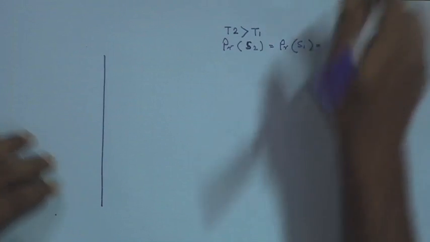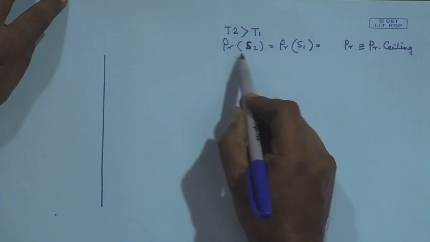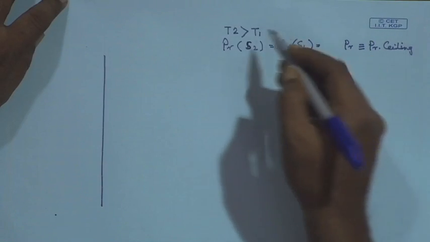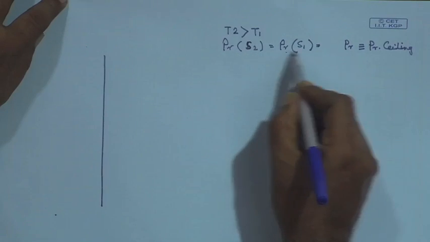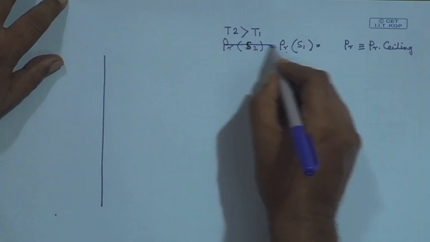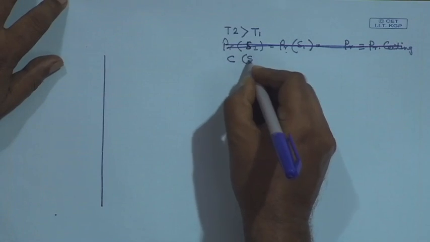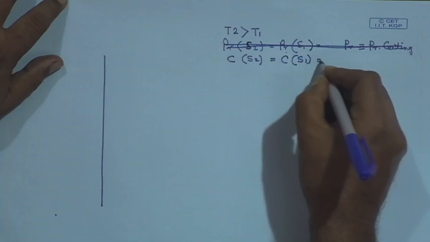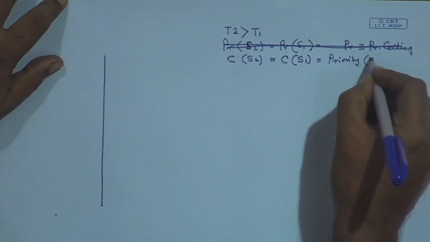Now, T2 is having higher priority than T1, but since both of them are using S1 and S2, the priority ceiling of S2 is equal to the ceiling of S1, and both of them are the same as the priority of T2, right.